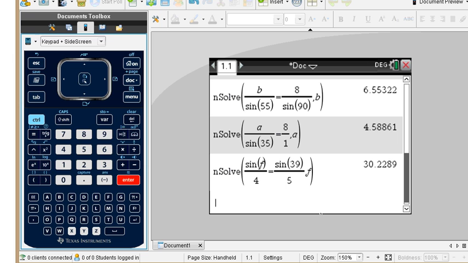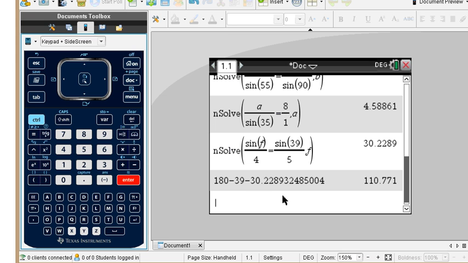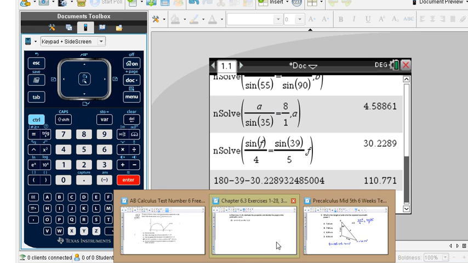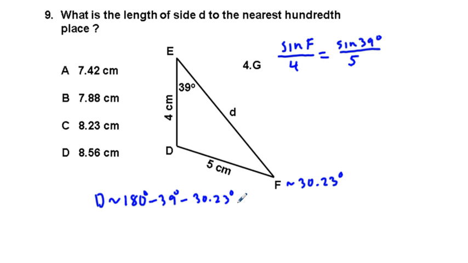So we go to our calculator and go to 180 minus 39 minus, and I'm going to press Control A and S for last answer calculated. So we get 110.77 degrees. So we'll come back here and say 110.77 degrees.